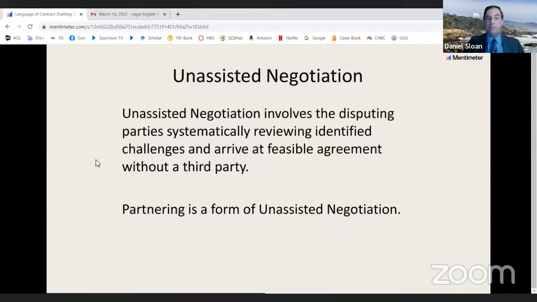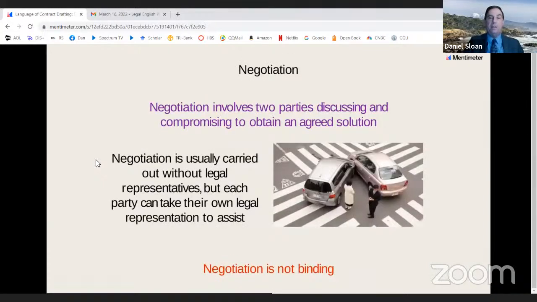Unassisted negotiation involves the disputing parties systematically reviewing identified challenges and arriving at a feasible agreement without a third party. Partnering is a form of unassisted negotiation. I'm going to get into this in a minute, but I've got some examples of mediation and negotiation I can show you.